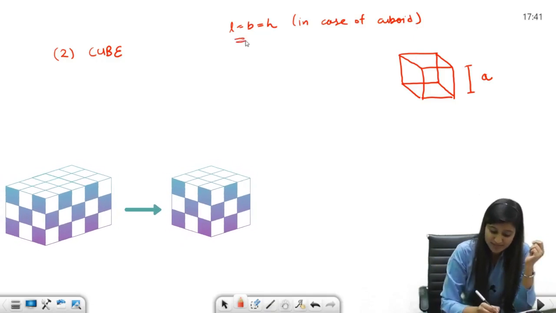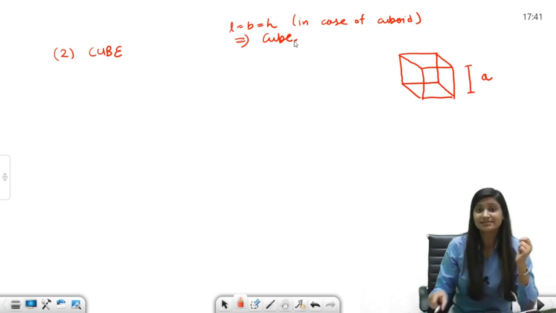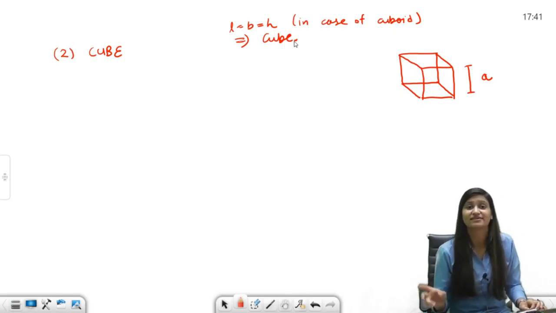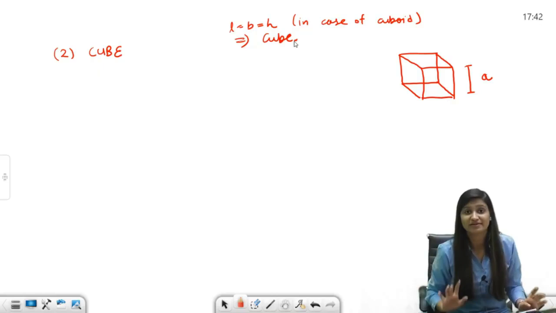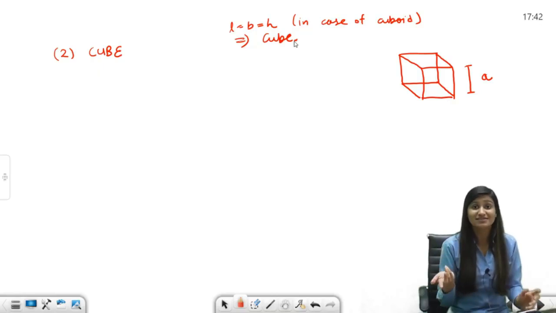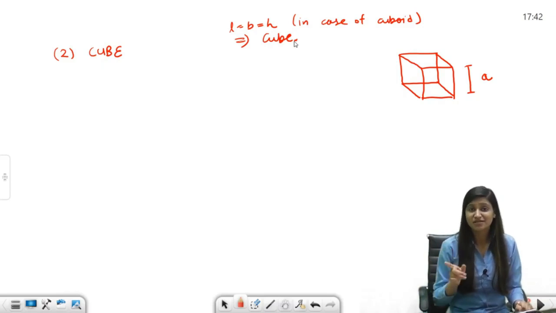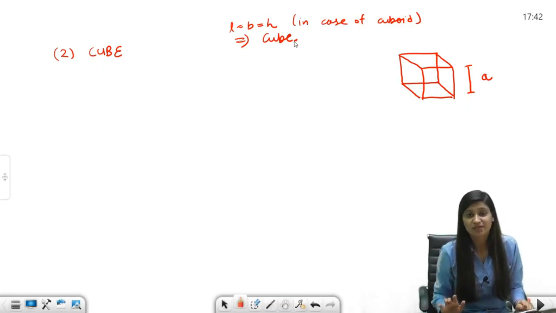Your cuboid becomes what? Cube. So from here, what can I say in general now? That a cube is also a cuboid, right? In this case length is equal to breadth is equal to height. So cube is also a cuboid, but a cuboid is not a cube.